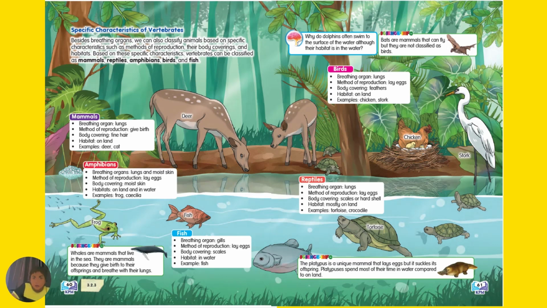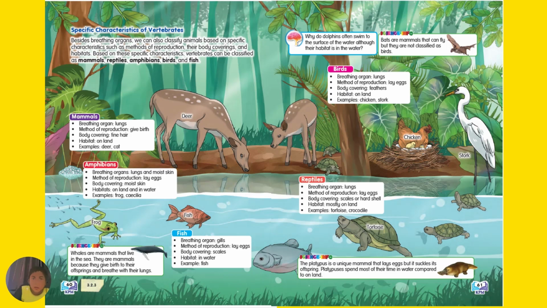Body covering is by scale and hard shell. Dia ada scales and hard shell. Habitat, mostly on land. Mostly lah. Dia akan duduk di darat. Tapi kalau ada masa saja, dia akan masuk dalam air. Okay. Example, tortoise and crocodile. Okay, kita tengok di sini.